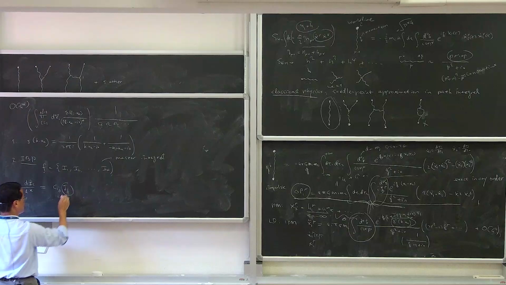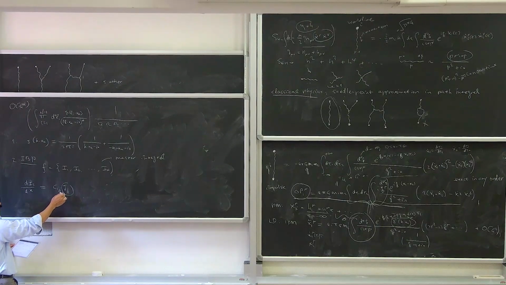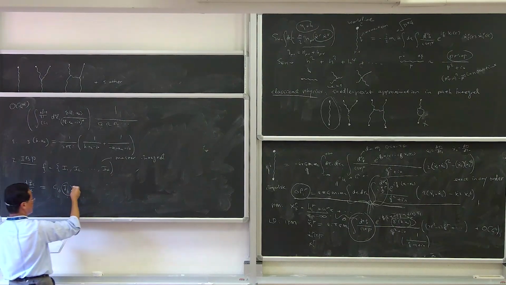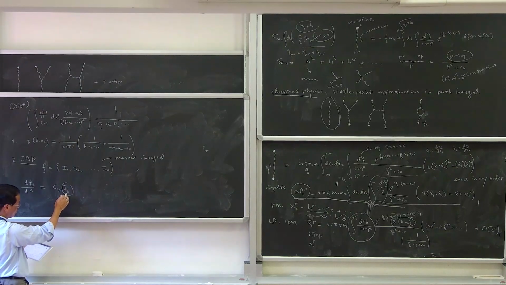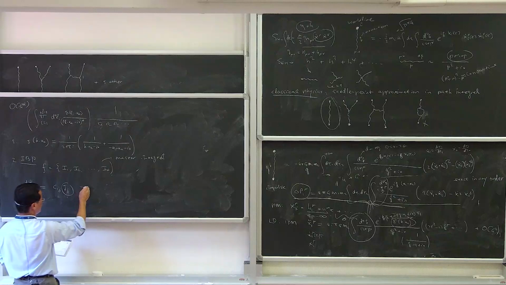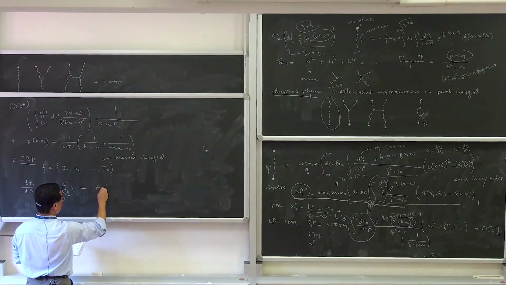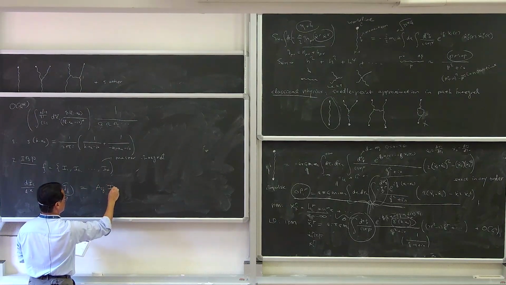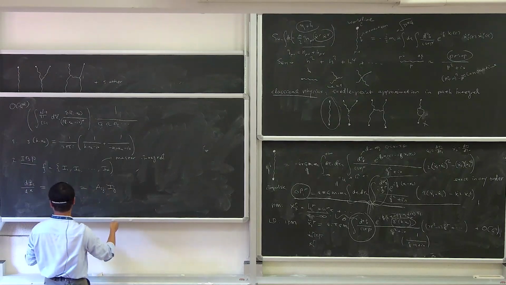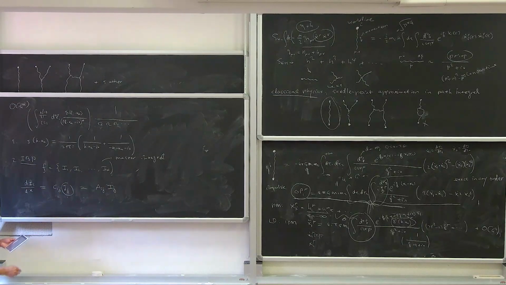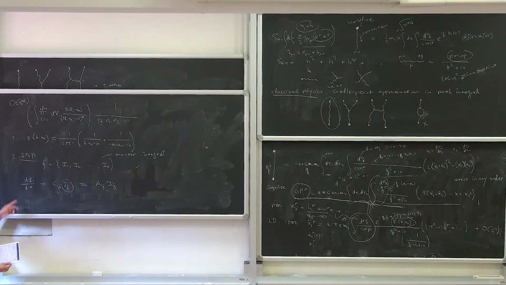This one is normally not a master integral, but we can use IBP relations to pull this back into master integrals. So finally, we can get a system like this, which becomes master integrals again. So IBP equations can give us a system of differential equations for master integrals.